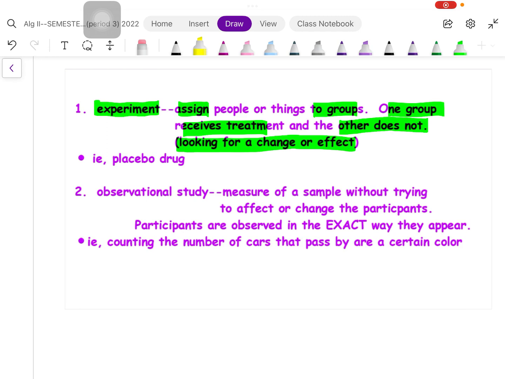Versus when something is an observational study, that's where we just take a measurement without trying to affect some change on the participants. You just stand there and observe what is happening. An example of this would be counting the number of cars that pass by a certain area and what color each kind of car is.